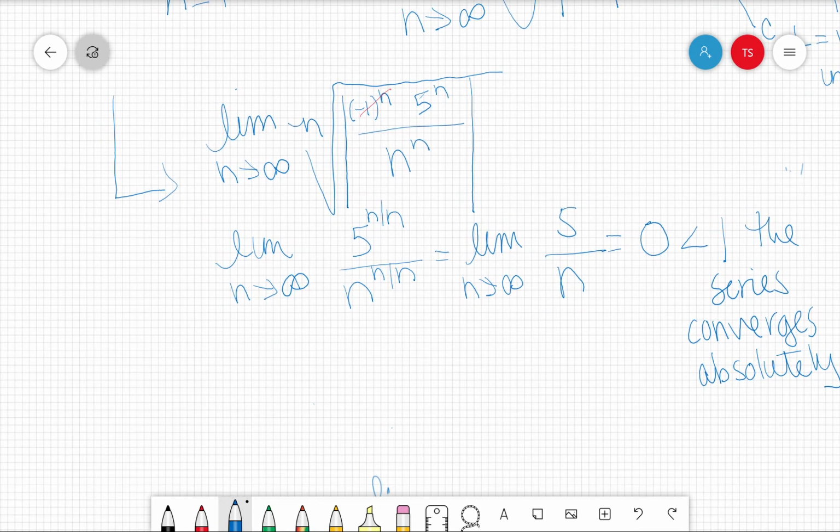So we'll look at another example. Let's say I have the series from n equals 1 to infinity of 2^n over n^10.